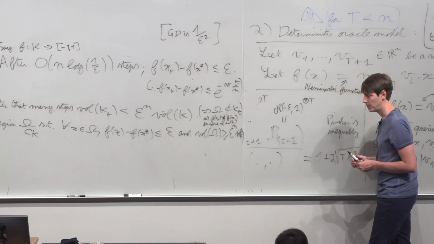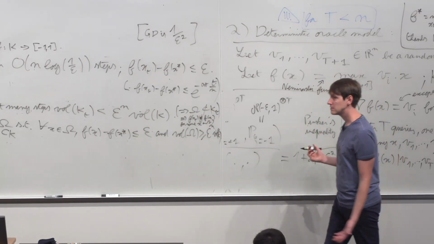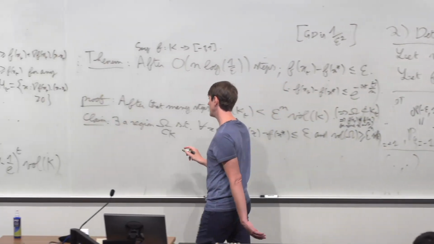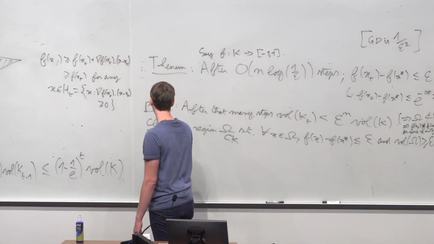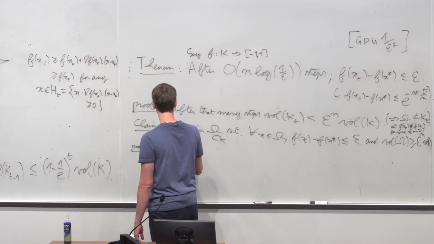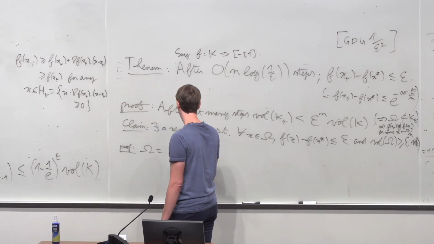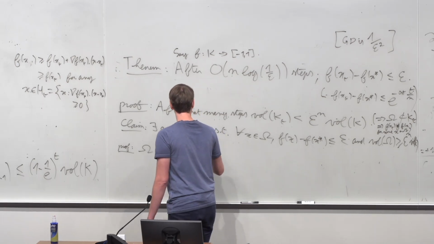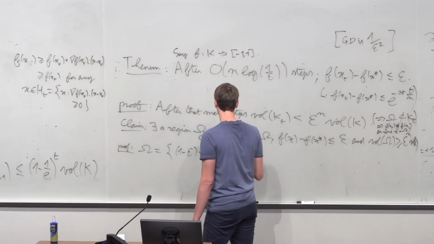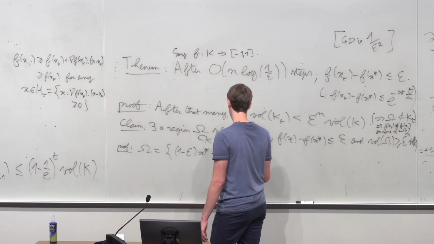Yeah, I'm using that. Okay, and the region is very simple. You just define it by convexity. So the proof of the claim is: just take omega, which is the set of points (1 minus epsilon) times x star plus epsilon times x, where x is in K.